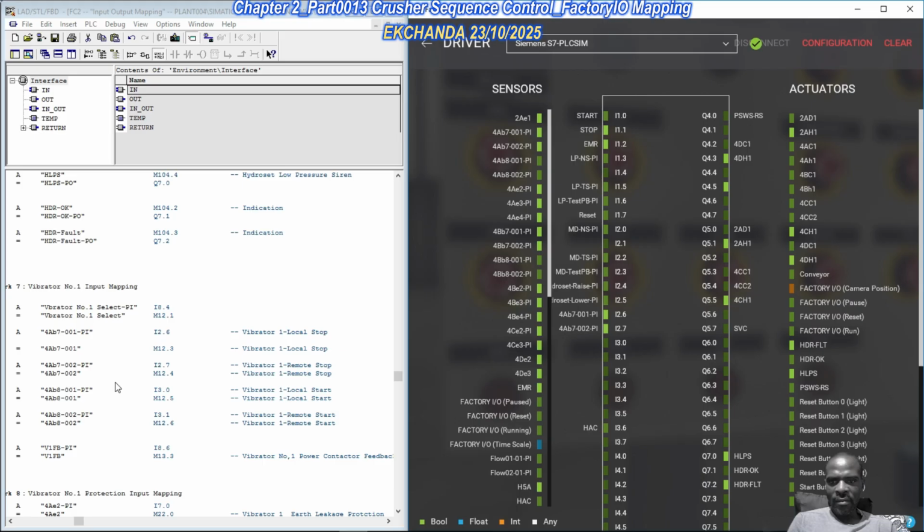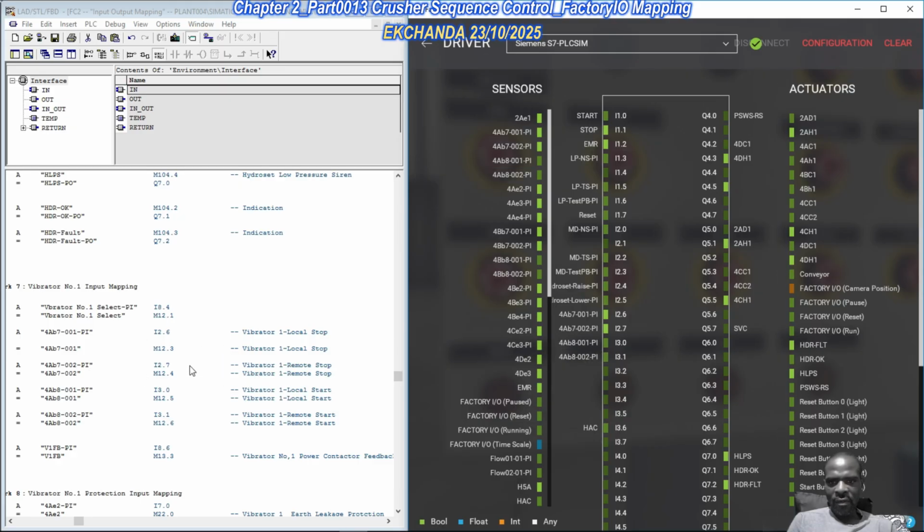And then 4AB8 001 and 4AB8 002 are mapped to input 3.0 and input 3.1. So 4AB8 001 is input 3.0, 4AB8 002 is mapped to input 3.1, like so.